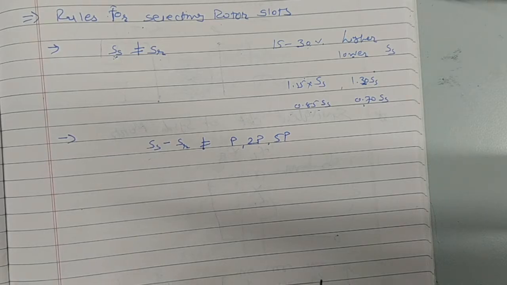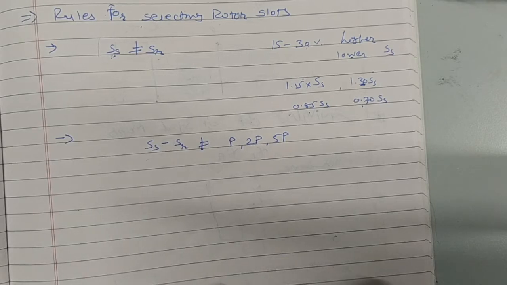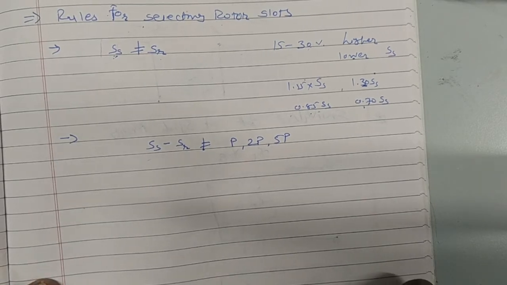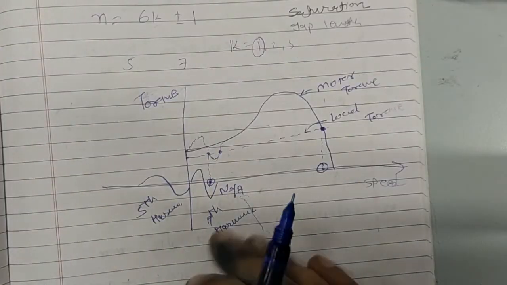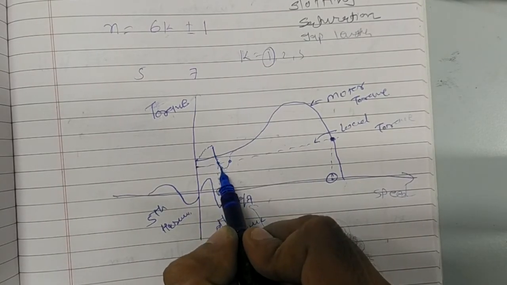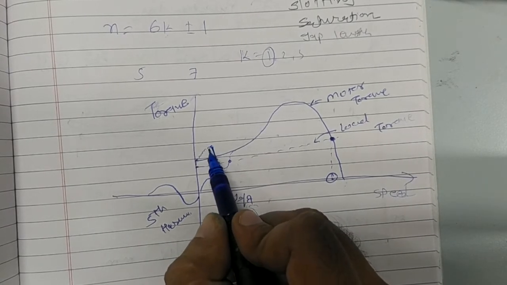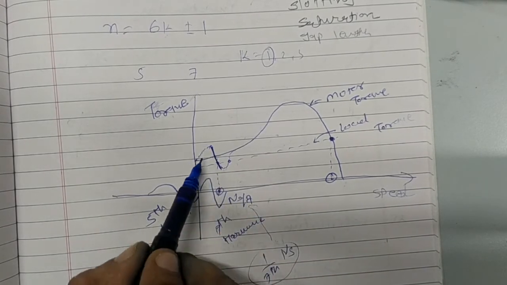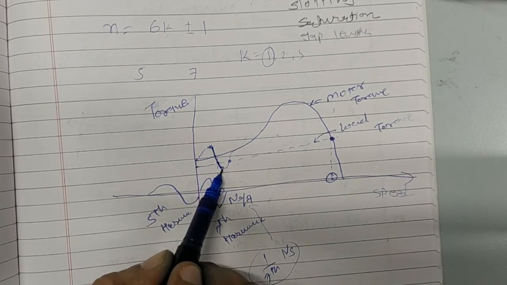So what is the synchronous cusp? In the theory of crawling, we have seen the graph of the torque slip characteristic. Yes, over here it is. In this graph, whatever characteristic you are observing, taking the state from here to here, this region is called the synchronous cusp.